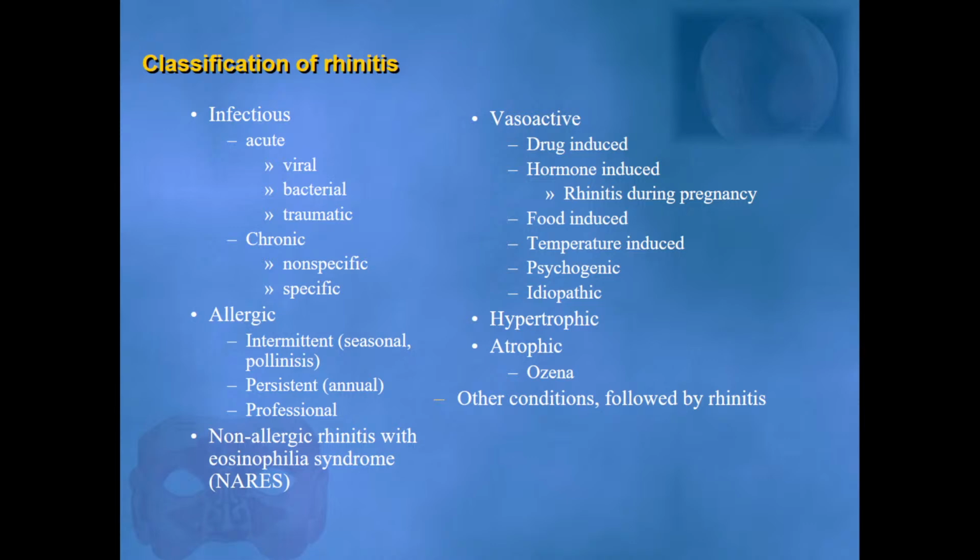Classification of rhinitis. It's a big classification. Rhinitis can be, firstly, acute or chronic. After this, we divide infectious. Infectious rhinitis also can be acute or chronic. Allergic rhinitis has two forms, intermittent and persistent.